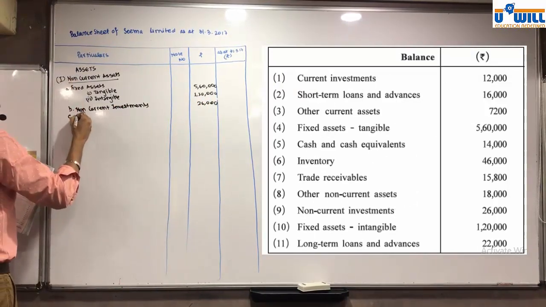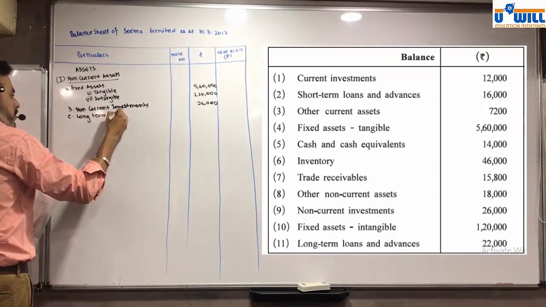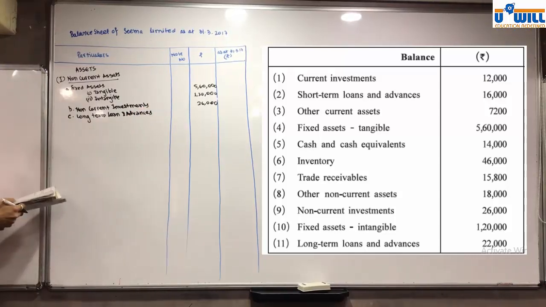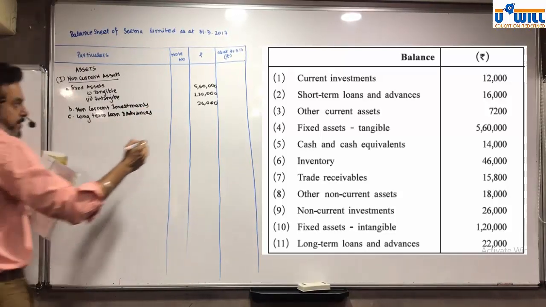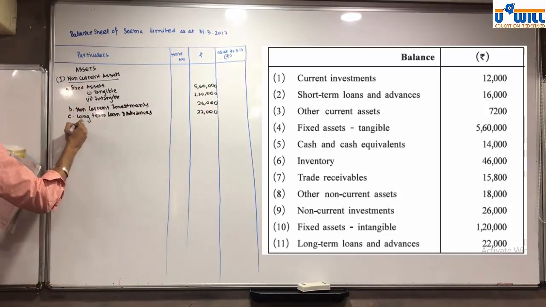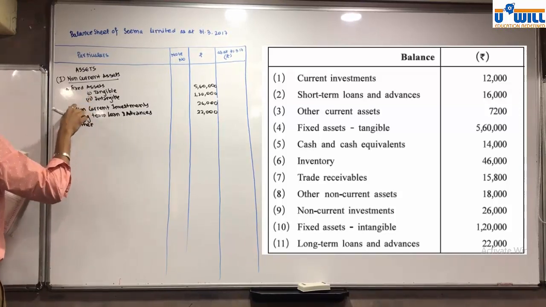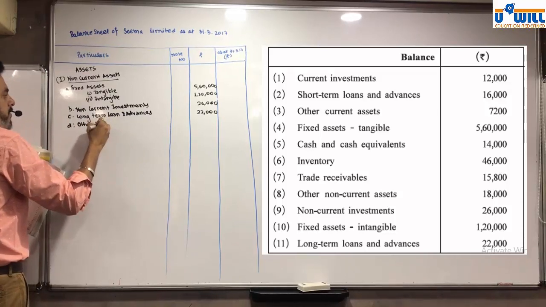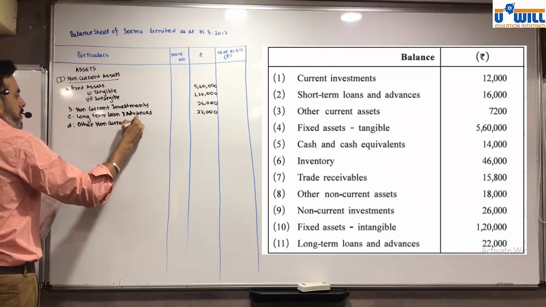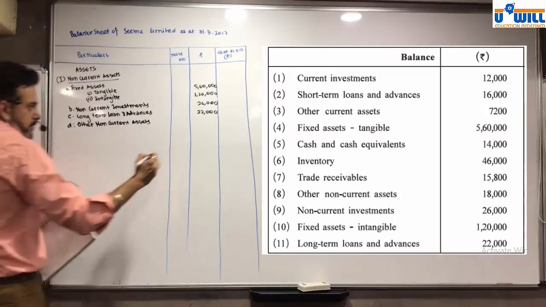C. Long-term loans and advances, 22,000. Other non-current assets, 18,000.